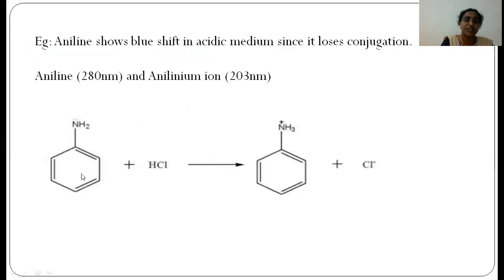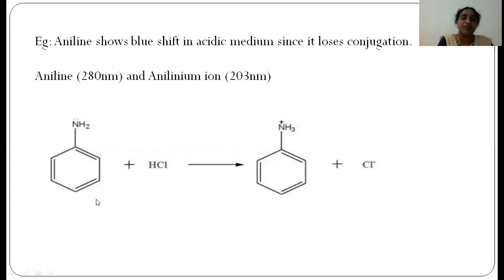For example, in aniline the absorption wavelength is 280 nanometers, because the nitrogen containing the lone pair of electrons is involved in resonance with this compound. Whenever it reacts with the acid, the nitrogen gets a positive charge, so no resonance is involved. So the absorption wavelength in this anilinium ion is 203 nanometers.